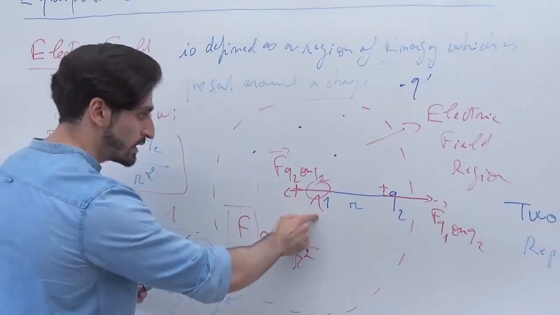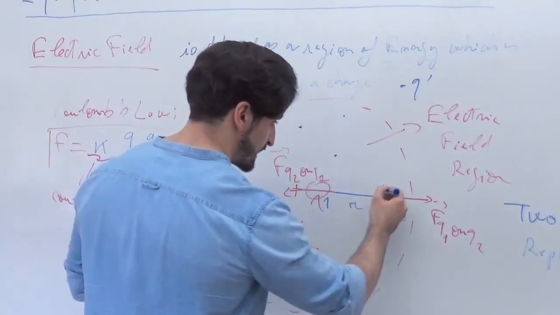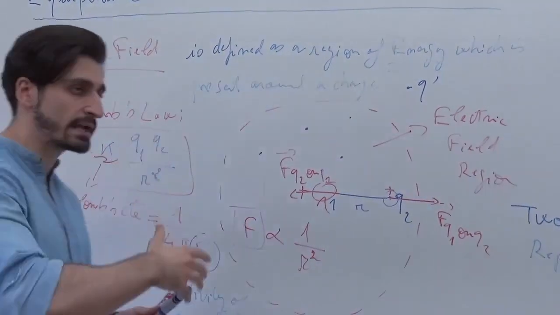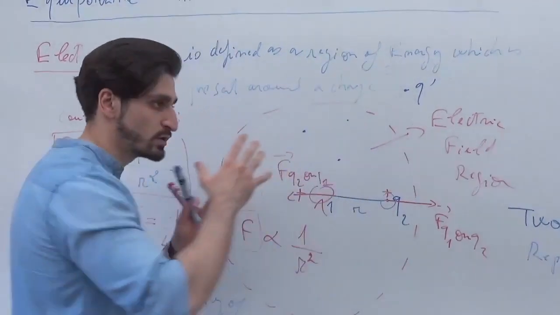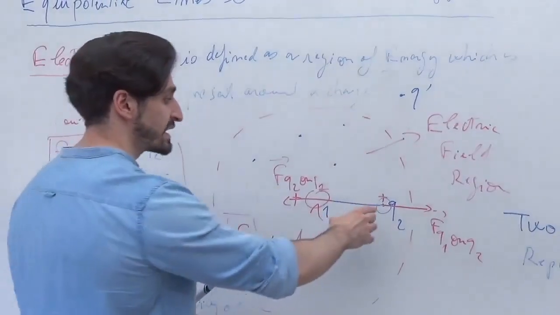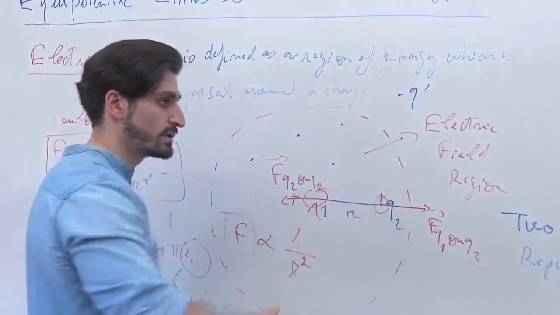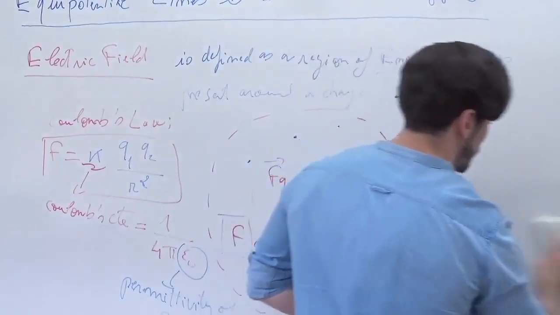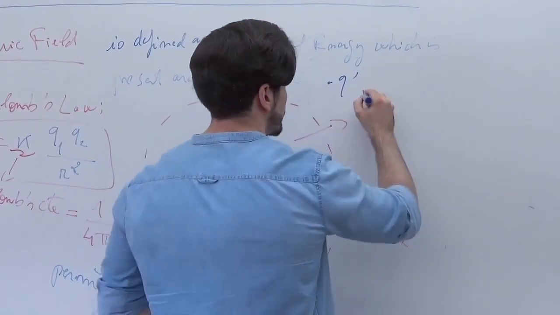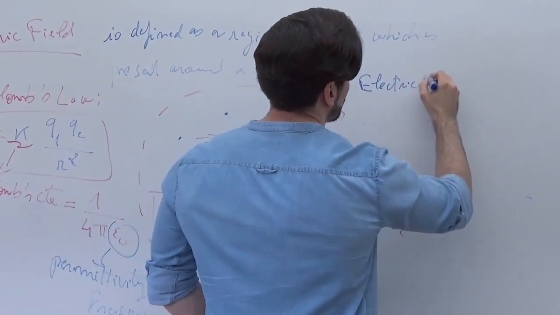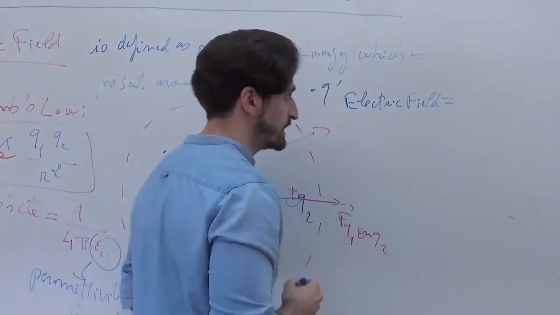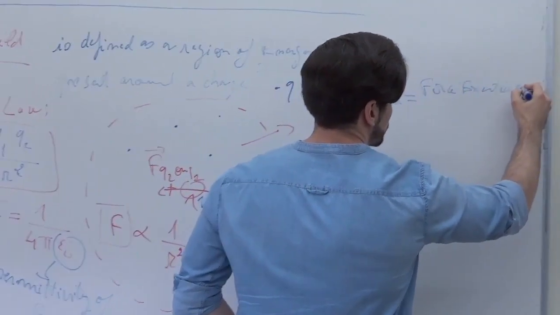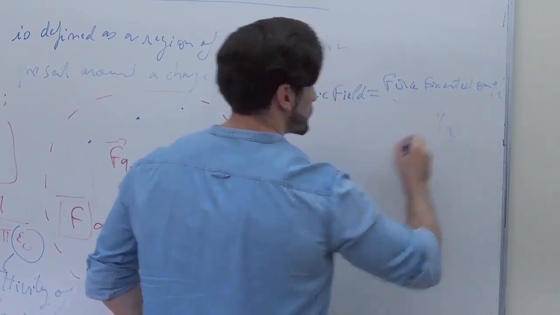In addition, Q1 is going to be producing at point Q2 over here a very specific electric field. And the strength of that electric field at point Q2 is going to be equal to the force exerted on Q2 per unit charge of Q2. So in that case, the strength of the electric field is going to be equal to the force exerted on Q2 per unit charge of Q2.